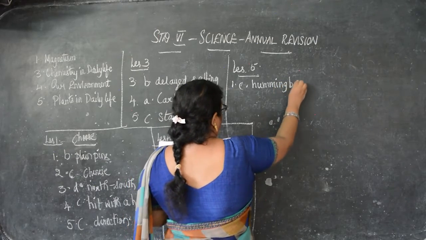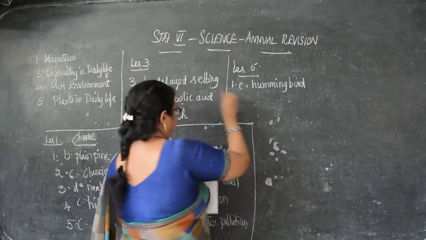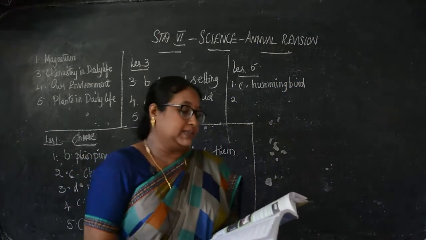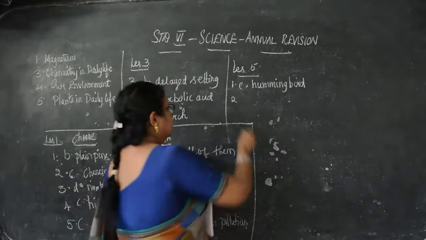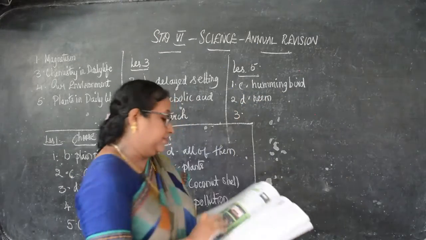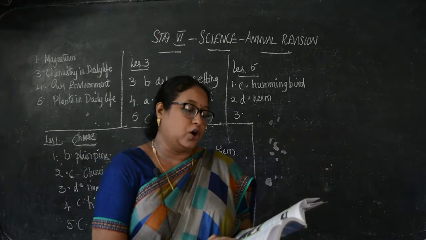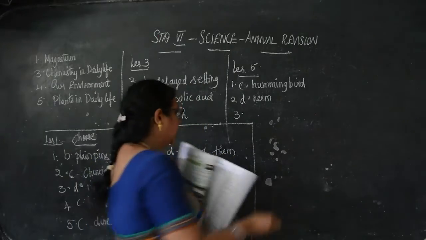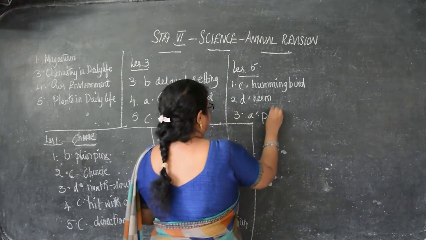C, hummingbird. Okay. Then natural mosquito repellent is D, neem. Third, which of the following is not a root? That is A, potato.